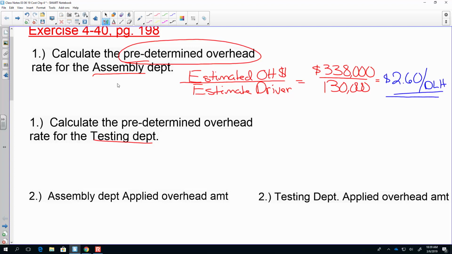All right, good. And then we do the same thing for testing. And the book says, in this case, that testing uses what for their driver? Machine hours. So, again, be careful that you're using the correct driver for that department. And I'm going to divide by the 120. Machine hours in this case, MH.